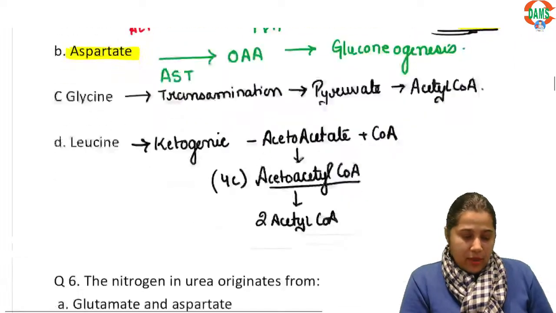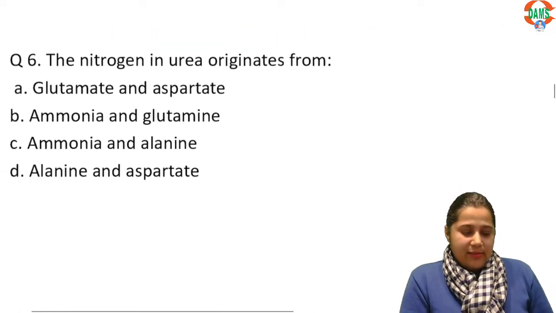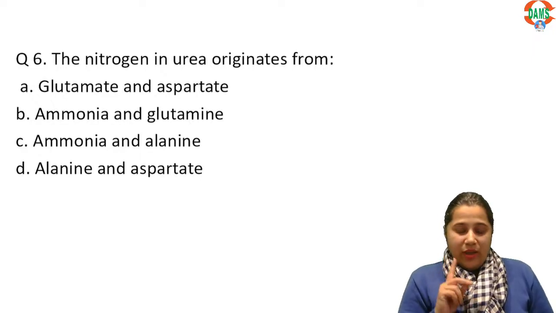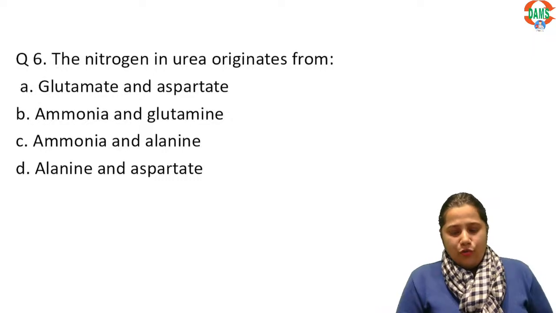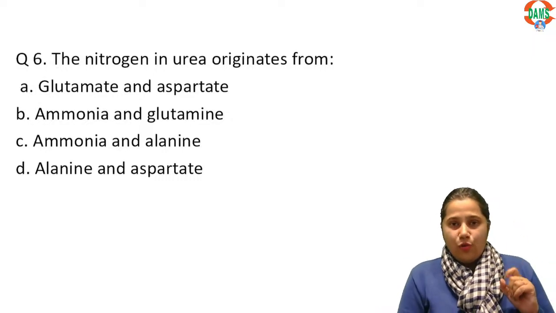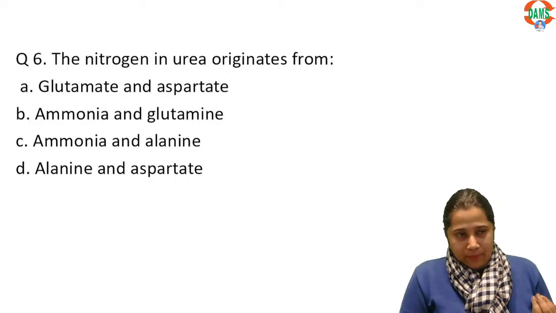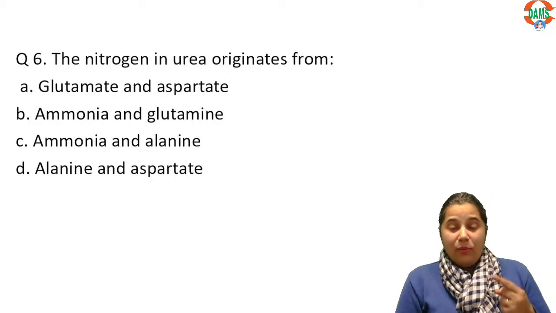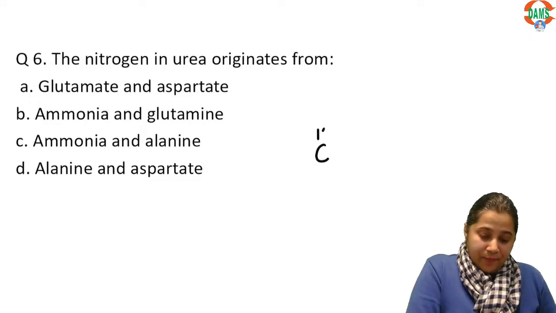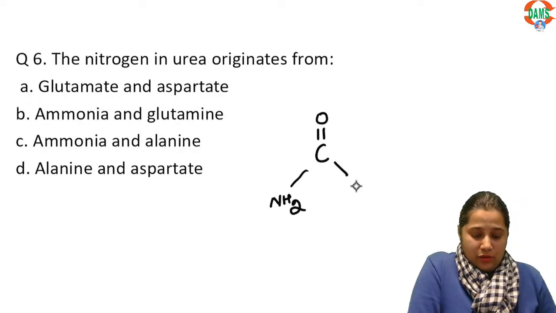metabolism. Question number 6: the nitrogen in urea originates from. This is a very important question. Most of the students are confused with this. They always think ammonia is the source of the urea. Yes, ammonia is the source, but when you see the structure of urea, you will find that urea has two nitrogens.